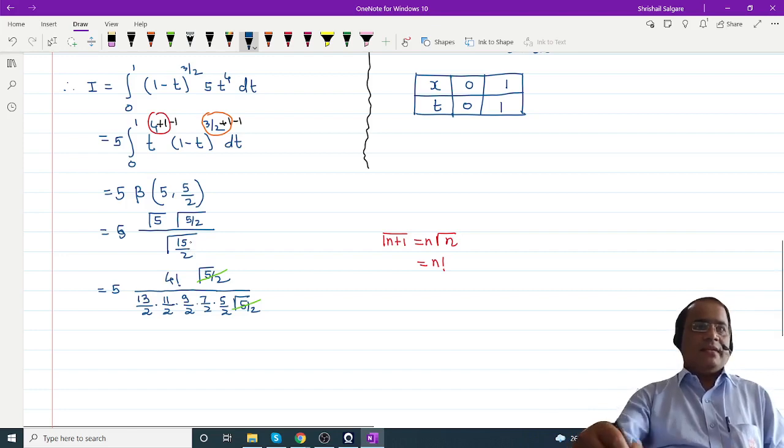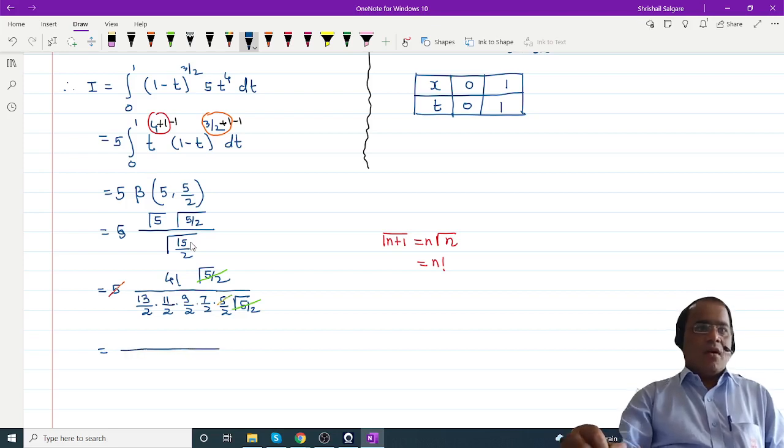So once again, the terms which may cancel, I will cancel. This 5 and this 5 get cancelled. After that, the remaining terms: in the numerator all 2's will come. How many 2's are there? 1, 2, 3, 4, 5. 2 raised to 5.